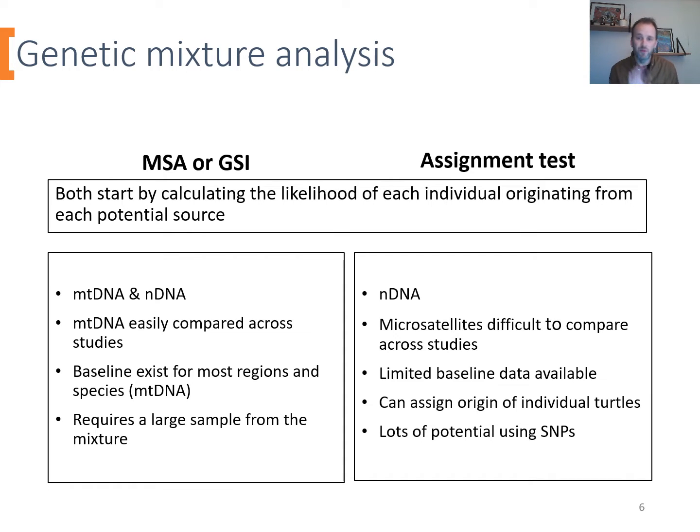And because mitochondrial DNA can be compared across studies, we have good baseline data available for most regions and species. Assignment testing, on the other hand, uses nuclear DNA, with microsatellites being the marker of choice up until recently anyways. And because microsats are difficult to compare across studies, we have limited baseline data available for assignment tests.